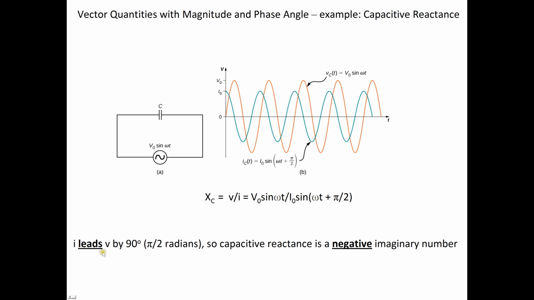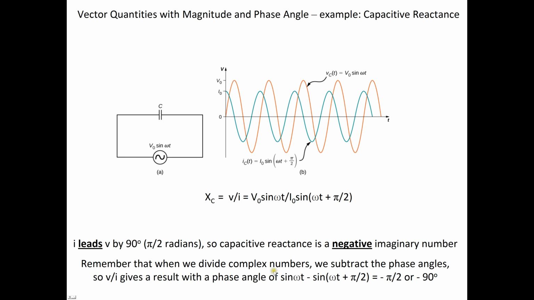Because the current leads the voltage by 90 degrees or pi over 2 radians, the capacitive reactance is a negative imaginary number, whereas resistance is expressed as a positive number. The resistance is expressed as a real number on the complex number plane. Reactance can be expressed as a negative imaginary number.